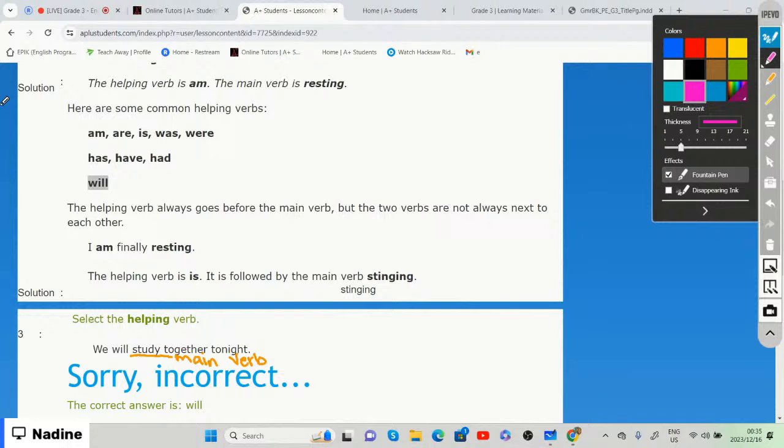And this sentence is in the future tense. So study is our main verb, but what is our helping verb?